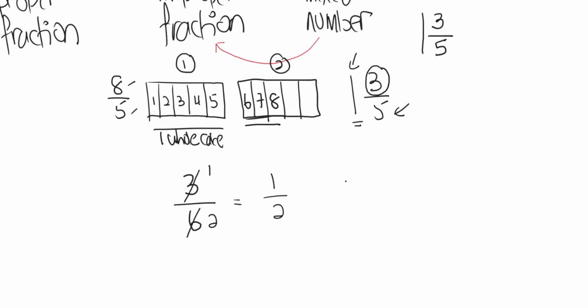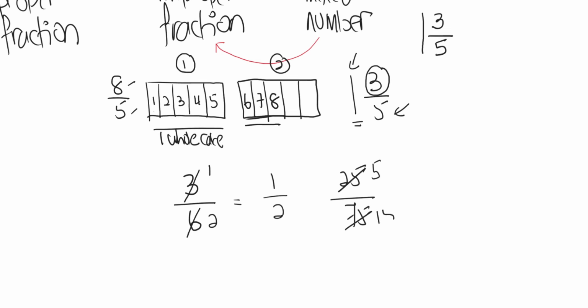Let's take another example. Let's say it is 25 over 75. How do I simplify this? I know for a fact that 25 is a factor of 75. Nevertheless, let's go the normal way. Both end with the digit 5, which means I know I can divide by 5. If I divide by 5, this would be 5. If I divide by 5, this would be 15.